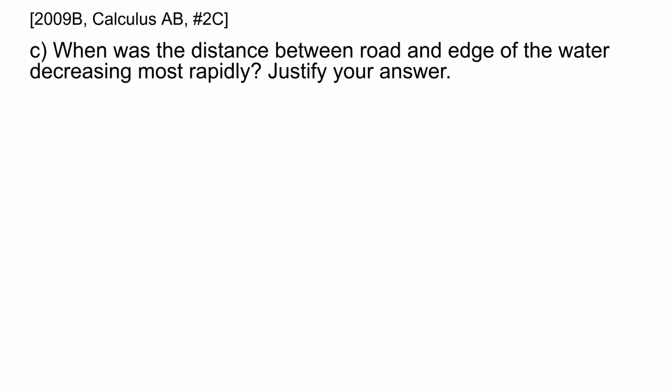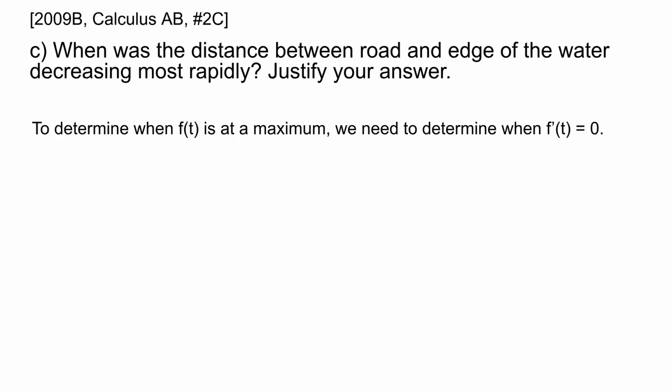In part C of this question, we are asked when the distance between the road and the edge of the water was decreasing most rapidly and to provide justification for our answer. Now, because this is a question about a maximum or minimum, in order to determine when f of t is at a maximum, we need to determine when its derivative, f prime of t, is equal to 0.